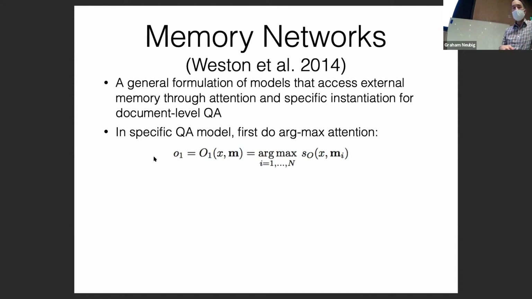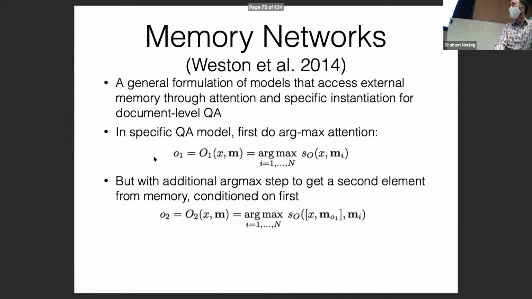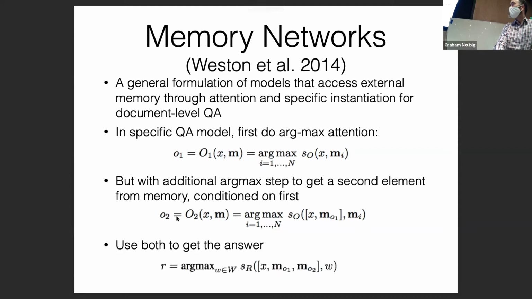So basically, they get the word or token that the model is attending to the most. And then they do another step of attention, essentially, that allows them to get a next value that they would use. And you can do this an arbitrary number of times. So it's basically attend, get the result of attention, attend again, get the result of the attention, etc. And then you can use both to answer the question.